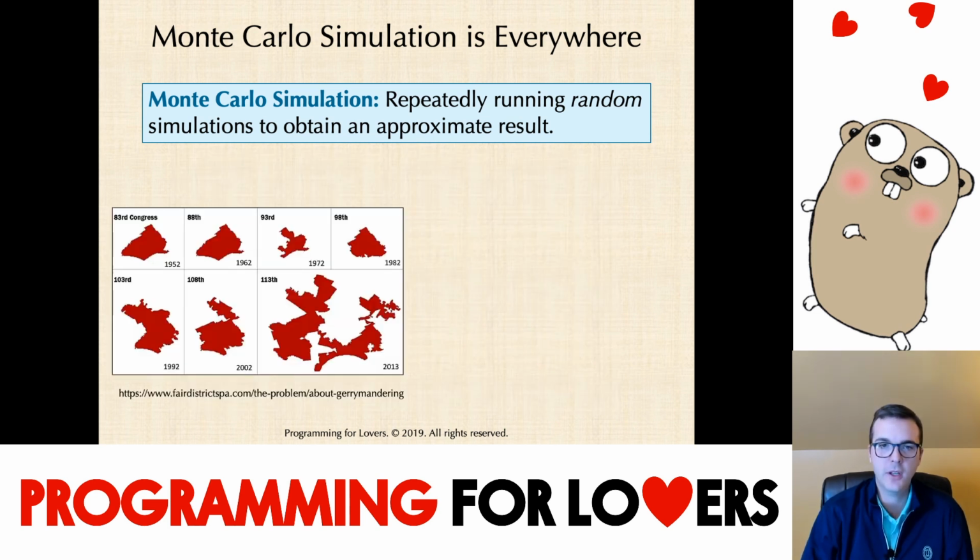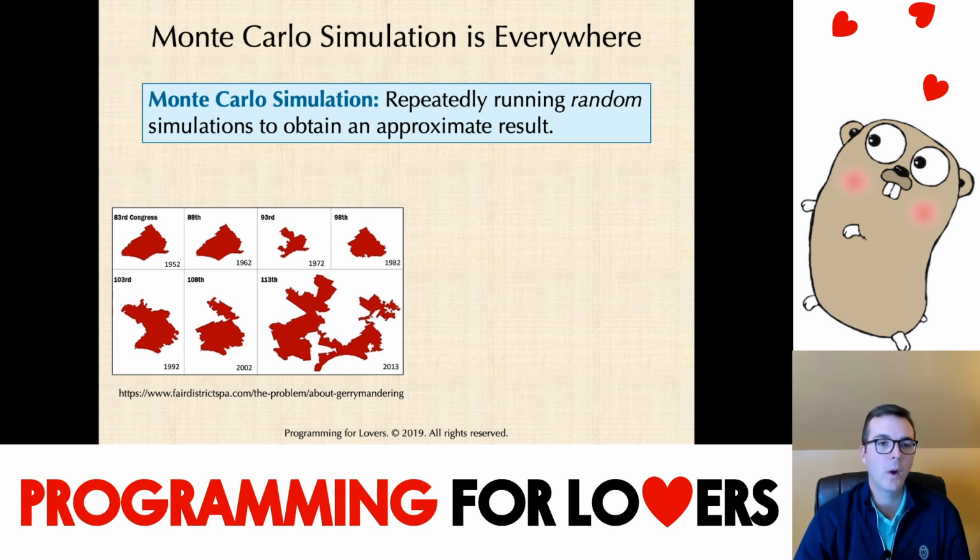There's even an interesting example of Monte Carlo simulation with respect to elections. If we look at, say, where I am currently, Pennsylvania, and the Pennsylvania congressional districts for sending representatives to Congress, the districts have an approximately equal number of people, but they can be drawn in ways that the state sees fit at the time.